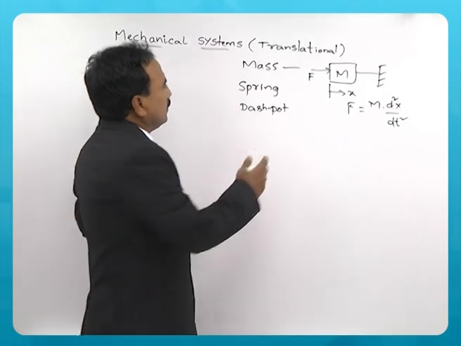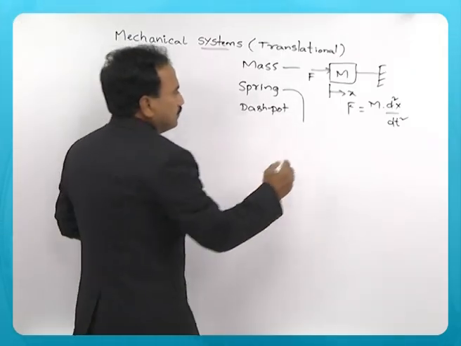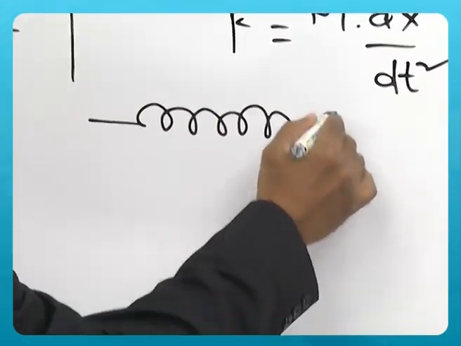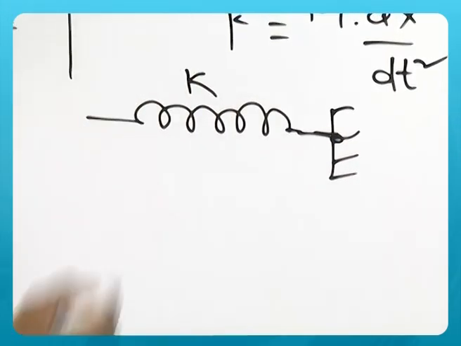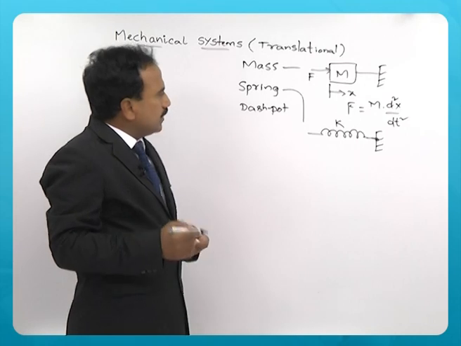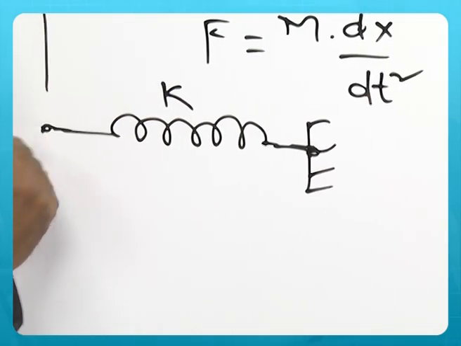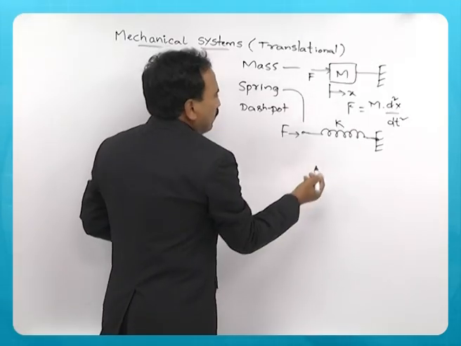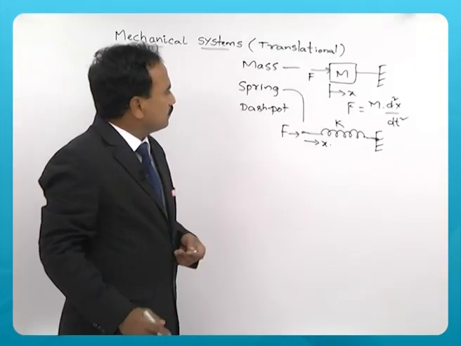The second component of the translational mechanical system is a spring. It is represented like this, and the spring constant, spring stiffness, is given by K. When force is applied on a spring along with some reference at the other terminal, then it will have a displacement x.